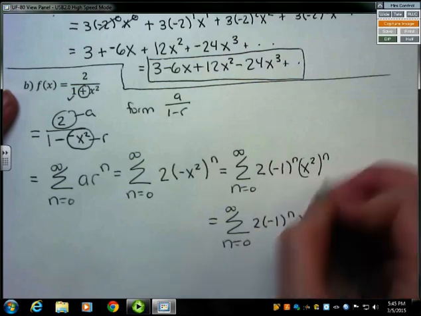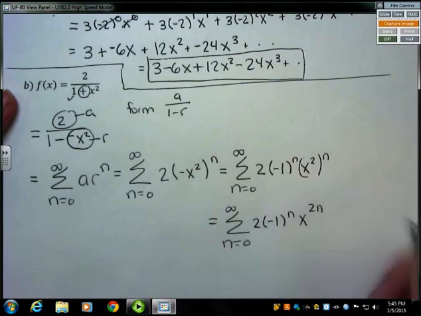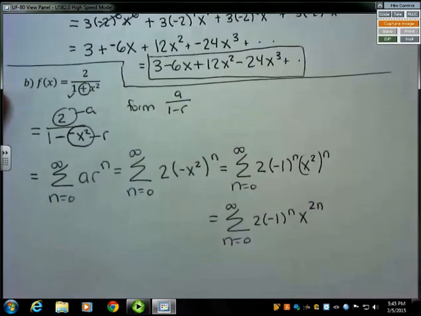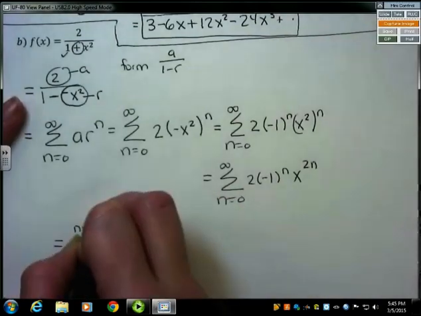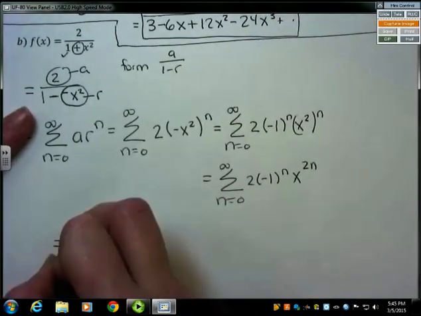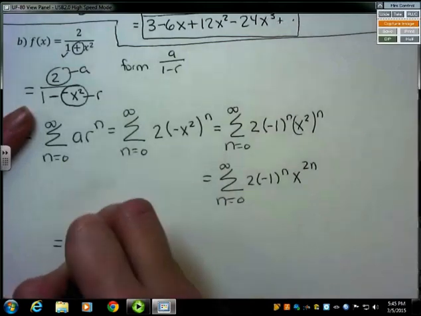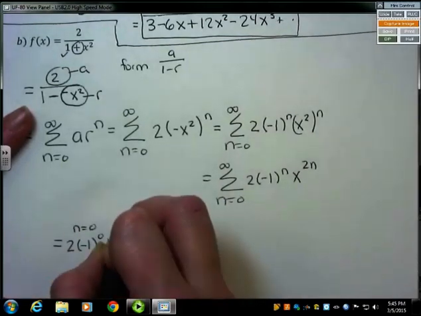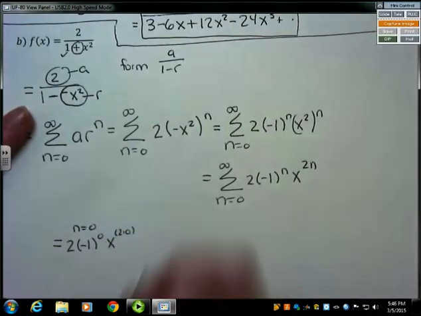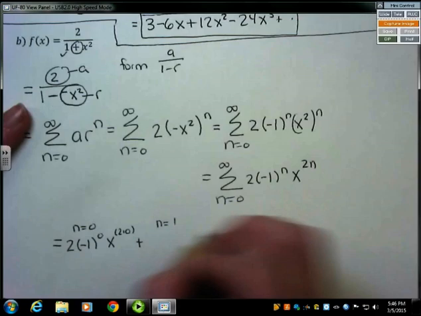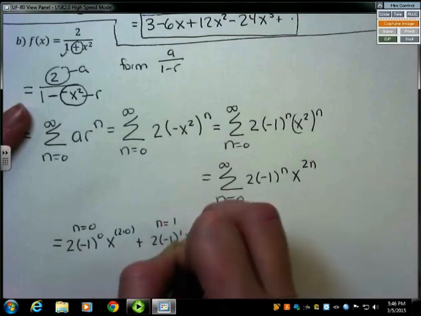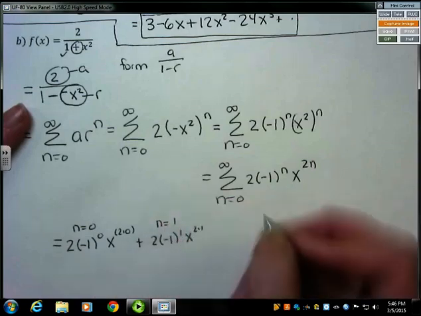They only want the first 4 terms of this, so we want to expand it, starting with an n of 0. When n is 0, I would have 2 times negative 1 to the 0, x to the 2 times 0. When n is 1, I would have 2 times negative 1 to the 1, x to the 2 times 1.